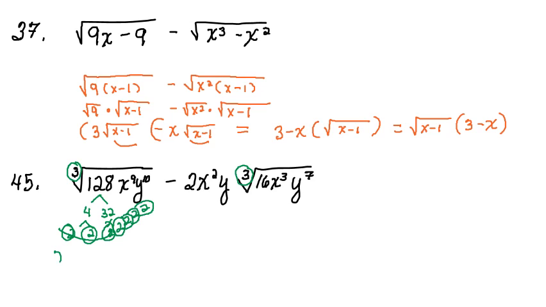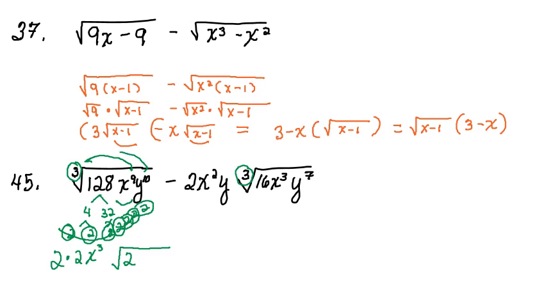So I'm going to take a 2 out, take another set of 2's out, and that's going to leave 1 inside. Now I'm going to leave myself a little bit of space here before I draw my radical, because I've got some x, y things going on here. And so we have a 2 inside. So x to the 9th, 9 divided by the 3 with none left over gives us x to the 3rd power.